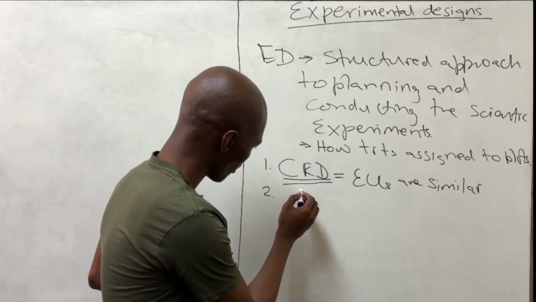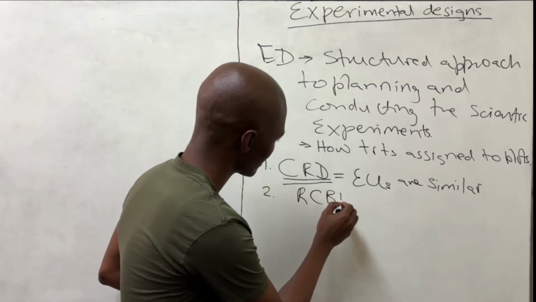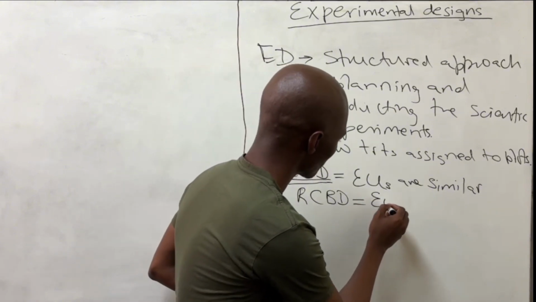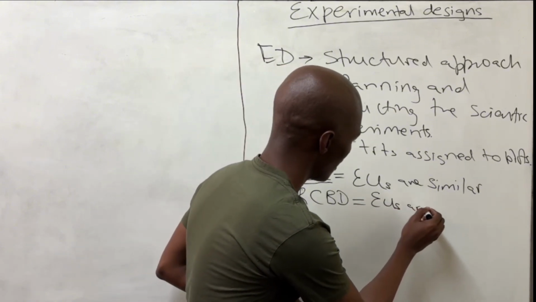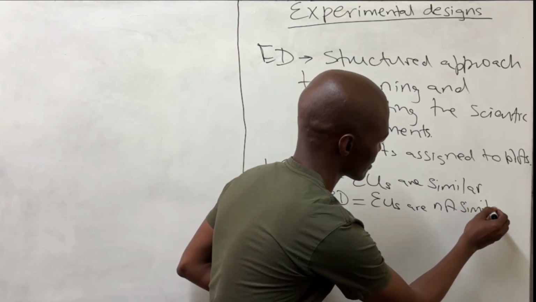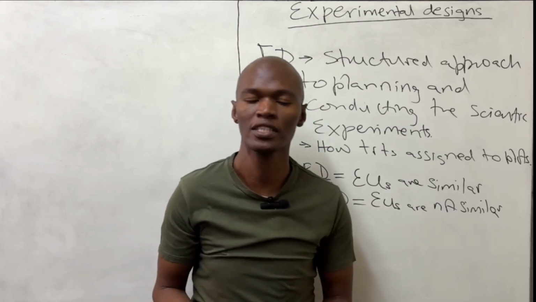We also have another one called randomized complete block design. This one is whereby the experimental units are not similar, not homogeneous, but heterogeneous.